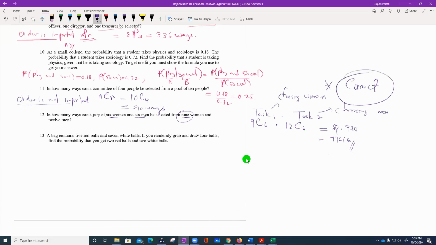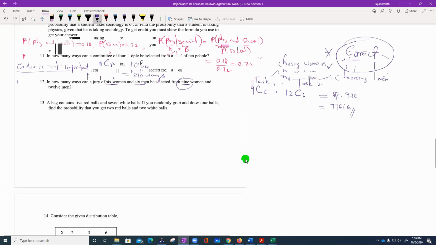What else? Number 13. A bag contains 5 red balls and 7 white balls. If you randomly grab and draw 4 balls, find the probability that you get 2 red balls and 2 white balls. So first of all, look at the problem here.